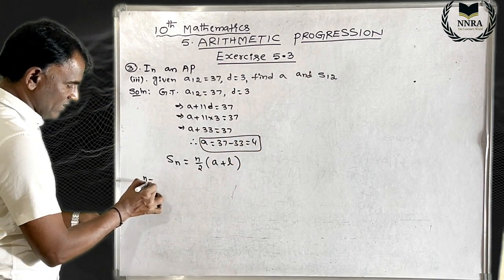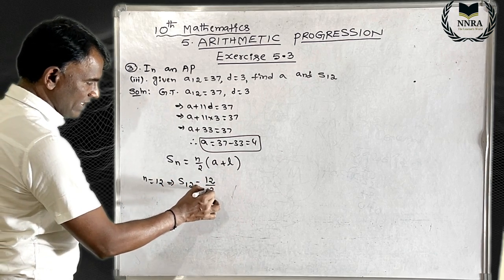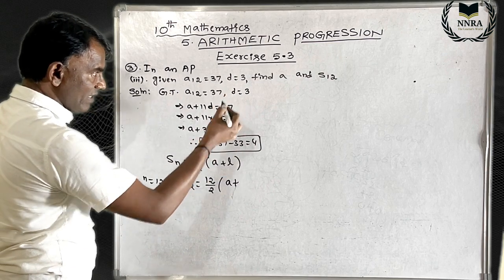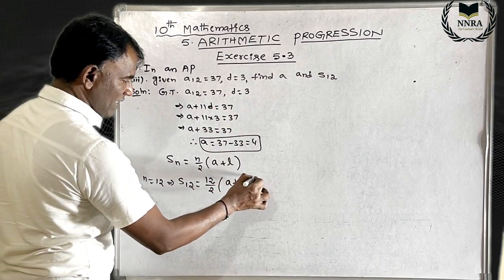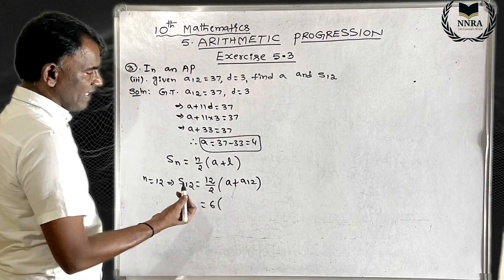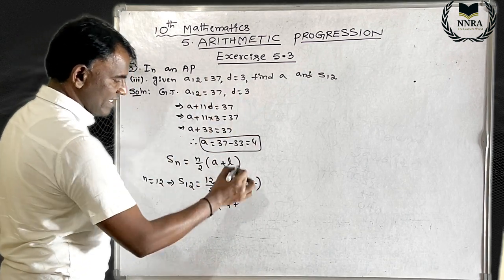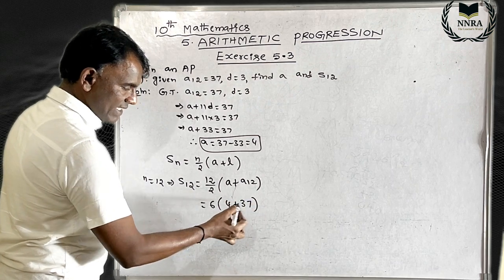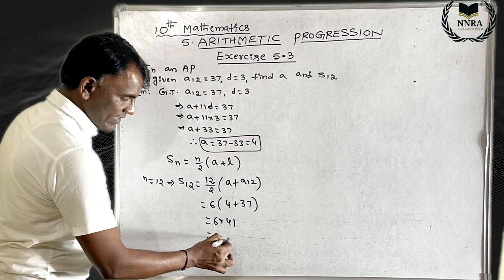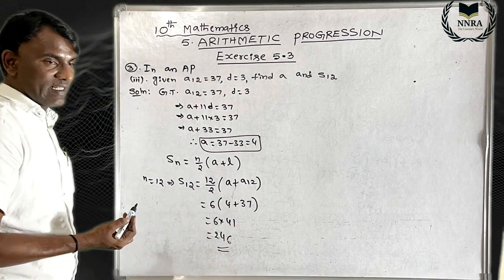So it is S12, so 12 by 2, and A plus L means the last term, that is A12. Clear? Now 6. What is the value of A? A is 4. Plus A12 is how much? 37. So 37 plus 4, 41. Now 6 1s are 6, 6 4s are 24. So 246 is the answer.